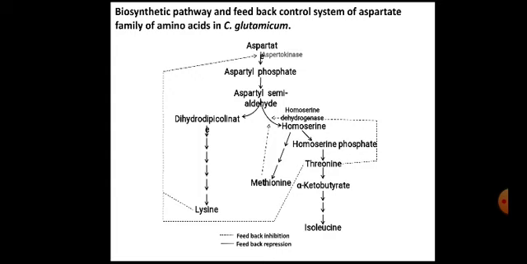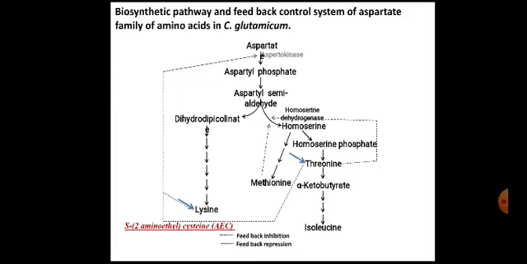So what is this mutant which was developed by Shu and Sano? The lysine analog resistant mutant. The analog for lysine is aminoethyl cysteine, AEC. You see that lysine and threonine are responsible for concerted or combined inhibition of the first key enzyme.